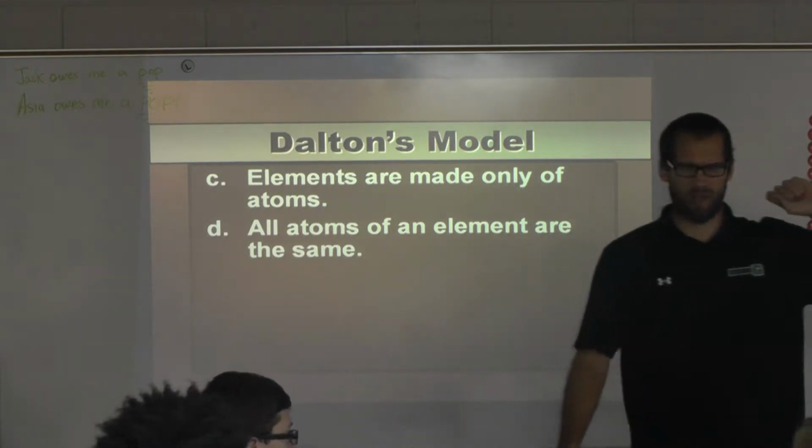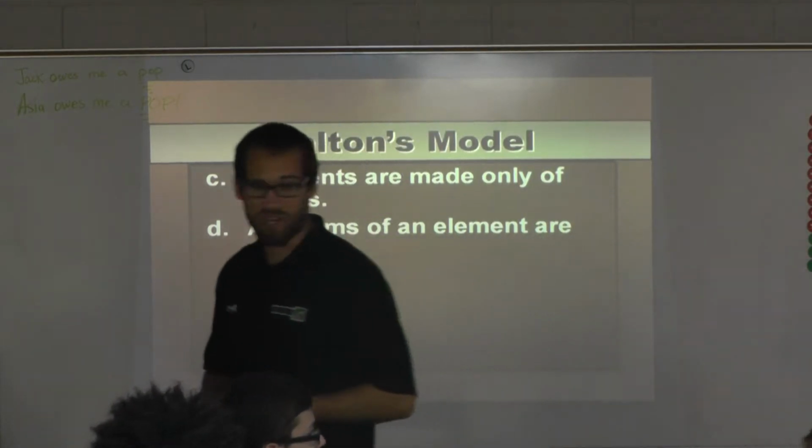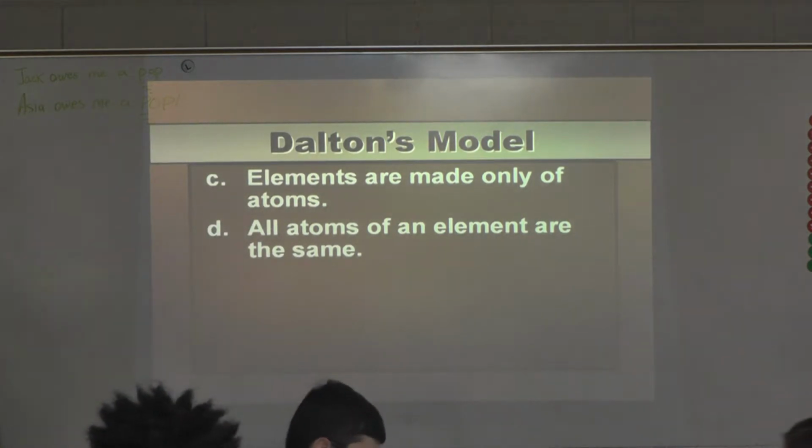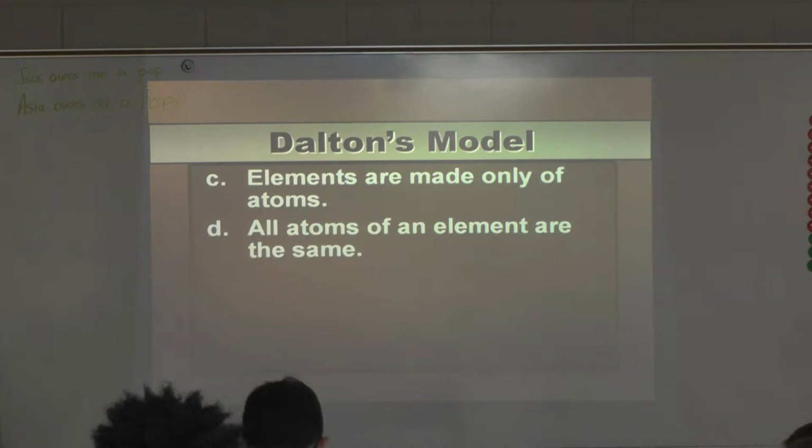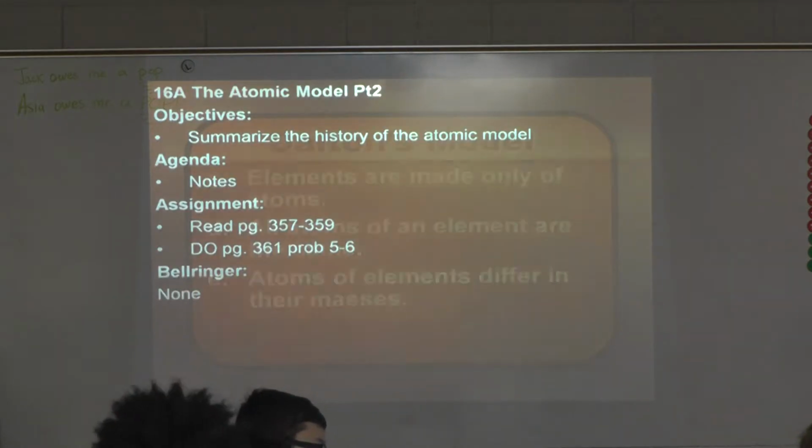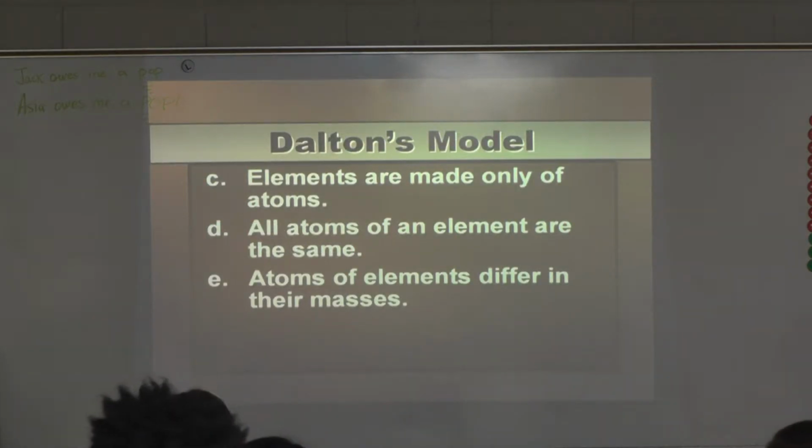No. Okay, we'll talk about isotopes later in this chapter, and a few other things. But just note that that was something that up front probably made a lot of sense to him, but he hadn't discovered isotopes.